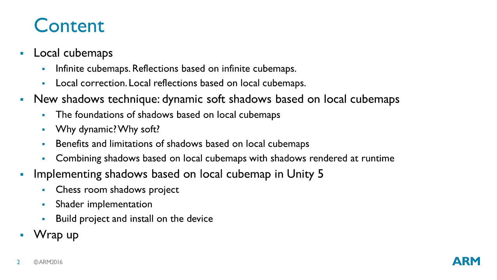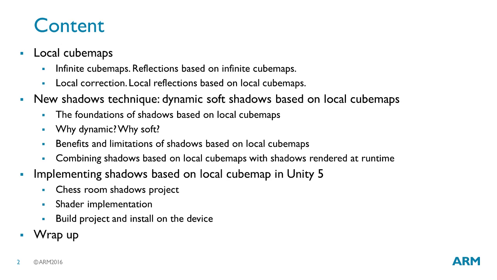So let's see the plan for the workshop. I know that all of you have the project loaded already in Unity, but it's important to understand the technique, because otherwise you won't understand what is called there. So we will go through first the concept of cube map, of local cube map.